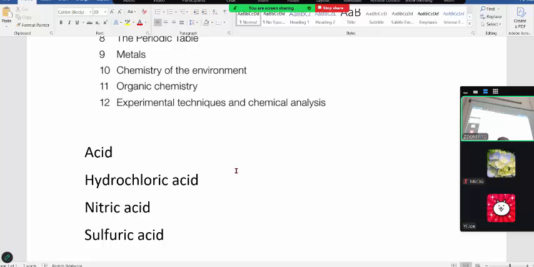What's the formula? HCl for hydrochloric acid, HNO3 for nitric acid, and H2SO4 for sulfuric acid.